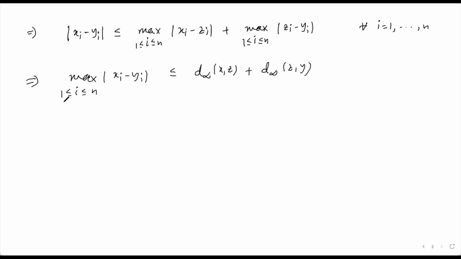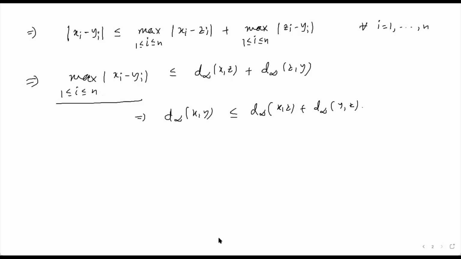And here the left hand side is equal to d infinity of x comma y. So the left hand side is less or equal to d infinity of x comma z plus d infinity of z comma y. Okay, so this is example 4.